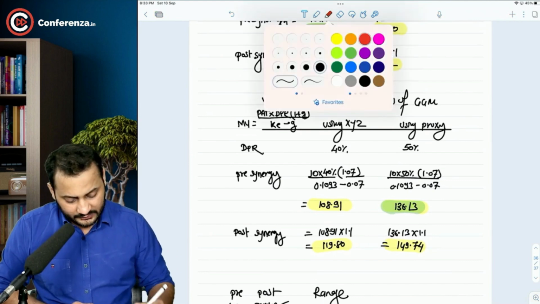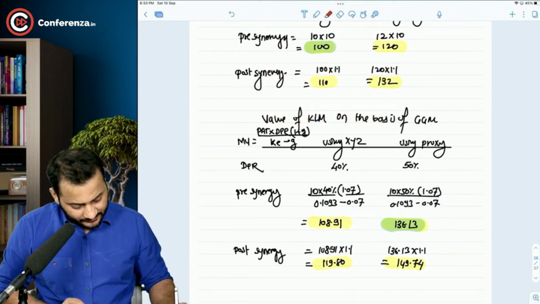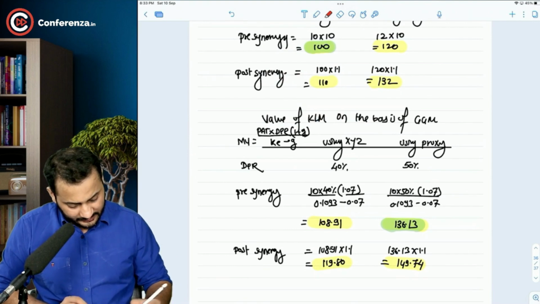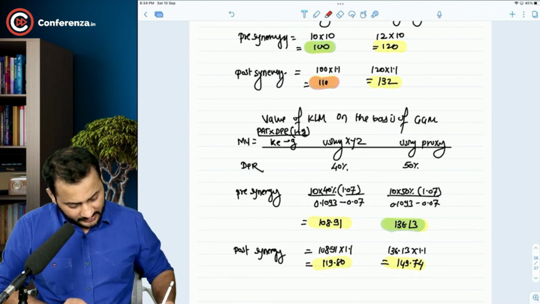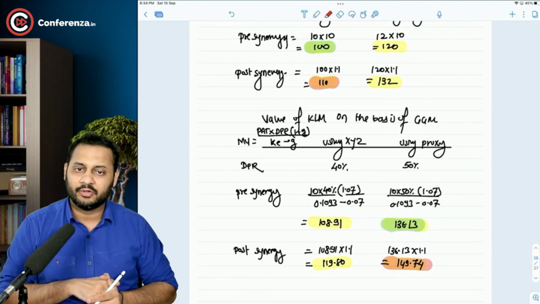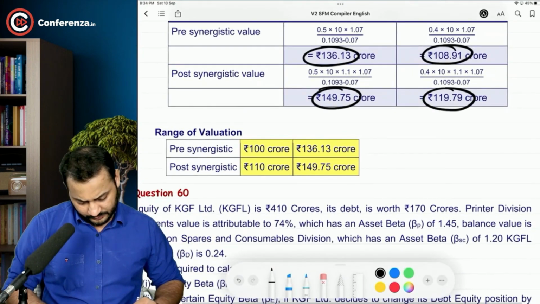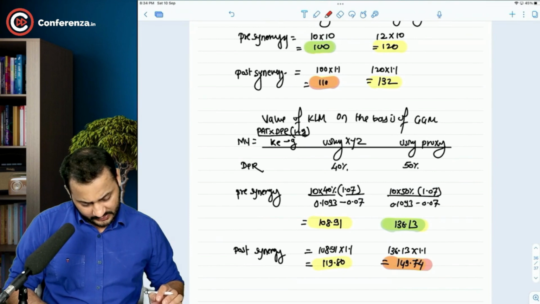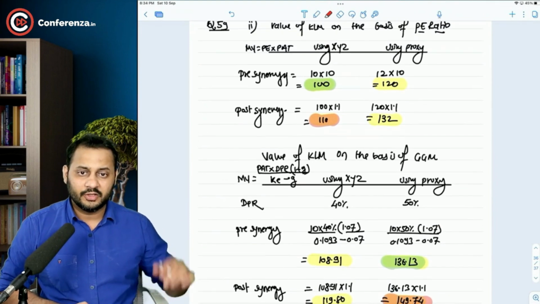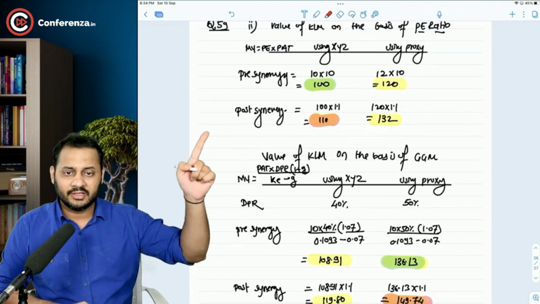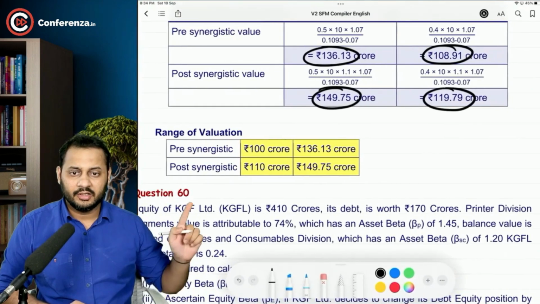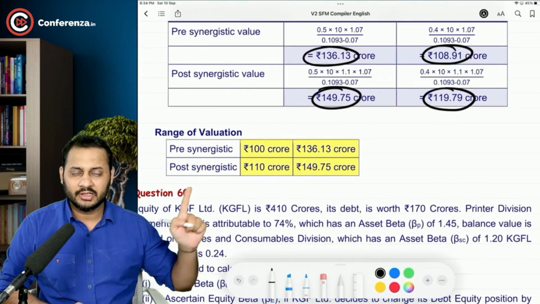Now, what is the lowest and highest in the post-synergy? The lowest is 110 and the highest is 149.74. So see these values: 100 and 136, 110 and 149.